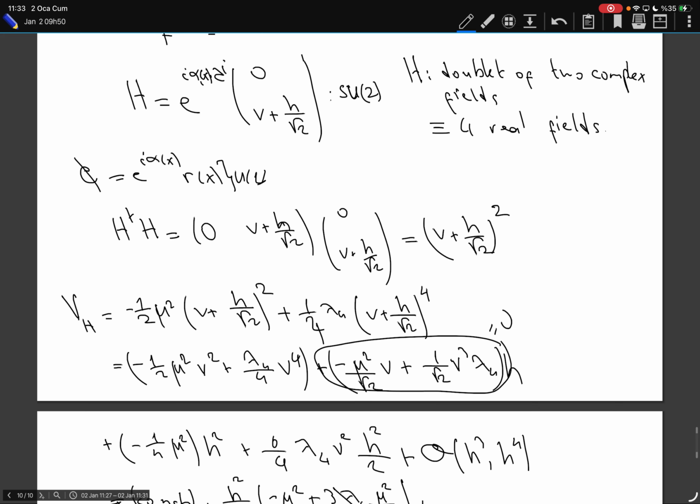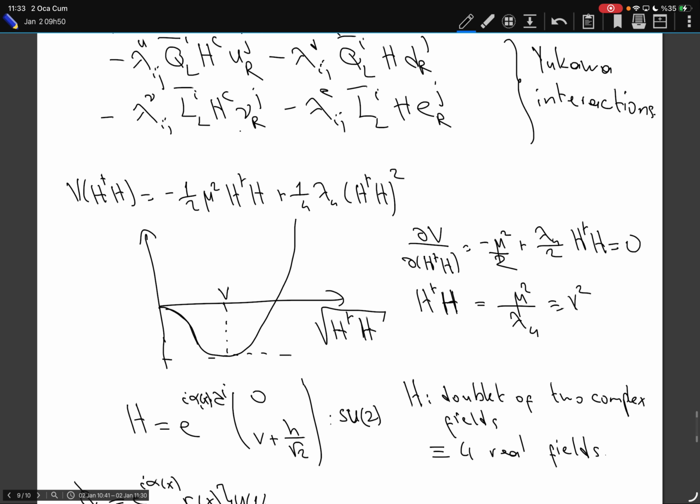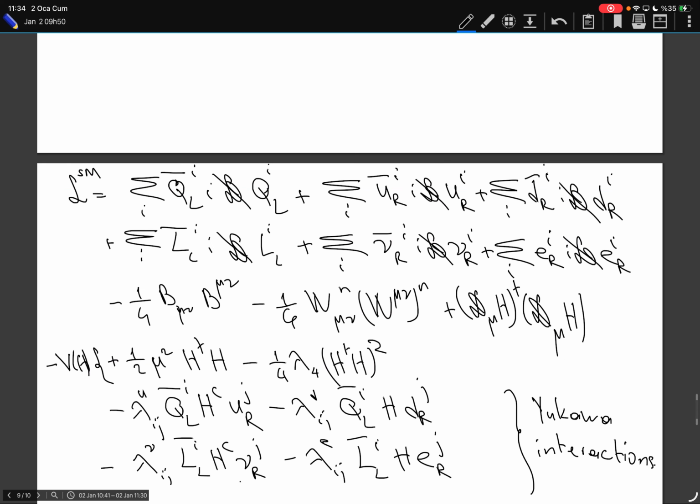Well, why are they massive and massless? Well, let's look at this potential again. Note that I'm just drawing the potential as a function of the magnitude. If you would try to draw it in a 4-dimensional graph, each axis corresponding to a different field, you will still have, just imagine rotating it around the z-axis, a valley at the bottom. This is the potential we have.